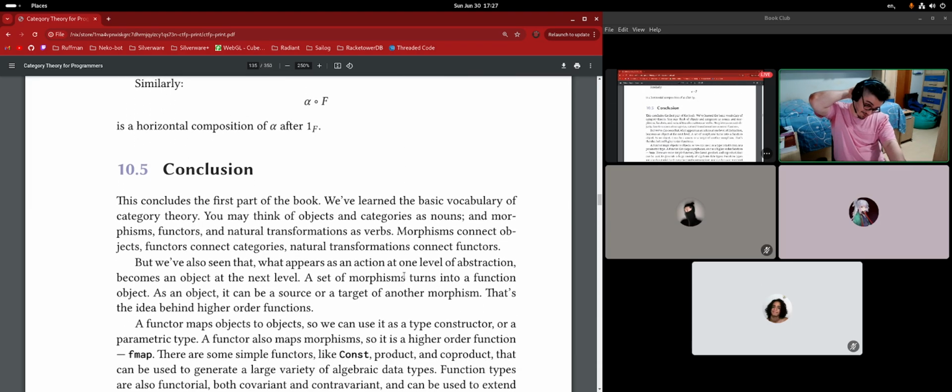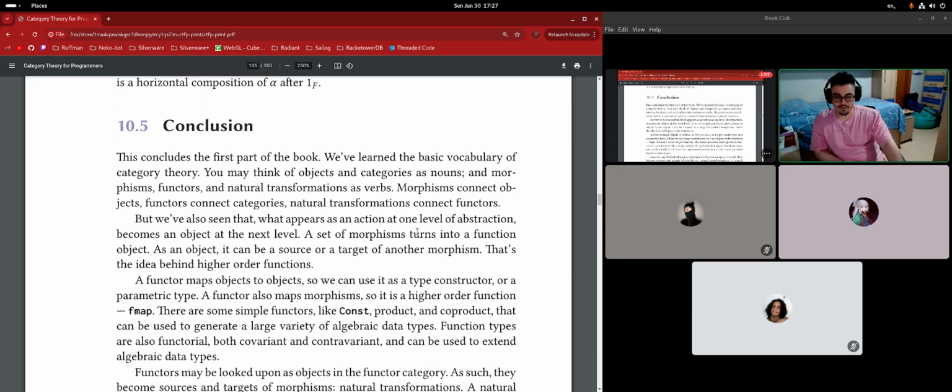Okay, so now here's the conclusion. A set of morphisms turns into a function object. As an object, it can be the source or target of another morphism. So that's the idea behind higher order functions. That makes sense.